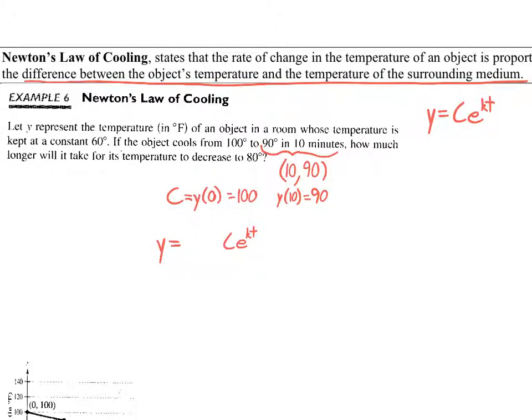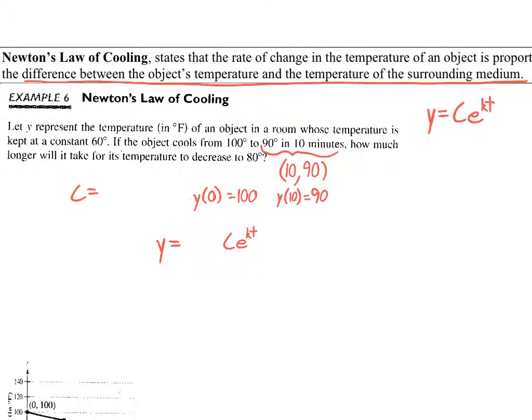Okay? And C is not Y of 10 or Y of 0. C is the starting difference. Okay? What's the starting difference? 40. Because the surrounding is 60.